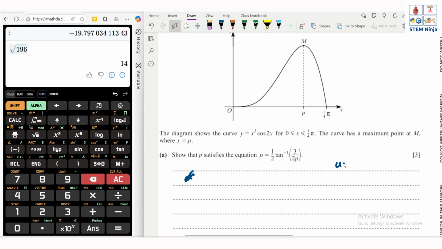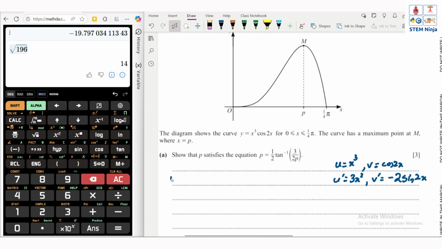So u can be x cubed, v can be cos 2x, u prime is 3x squared, v prime: the derivative of cosine is minus sine, but times 2 also, so minus 2 sine 2x.